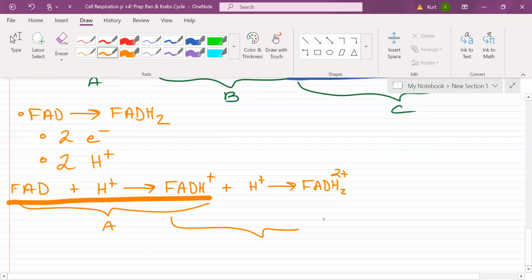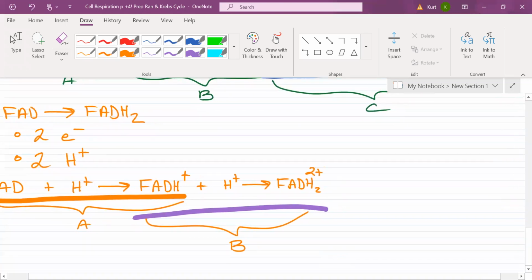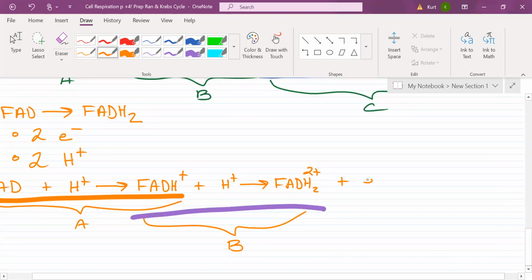This will be reaction B. Moving on, you then add 1 electron to it, and its charge will go down by 1. It's now FADH2 with a positive 1 charge.